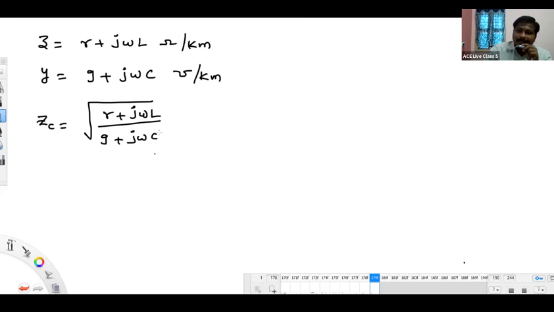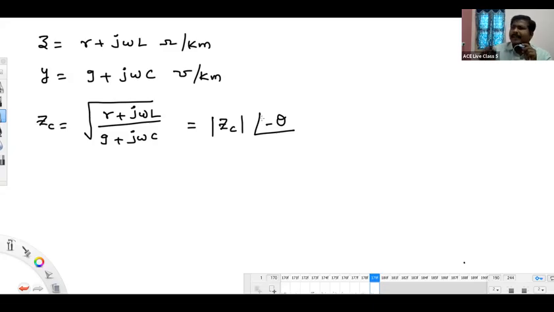After getting the ratio as a complex number, you apply the square root. After applying the square root, we get some magnitude mod ZC at an angle of minus theta. We are going to get a negative angle here. Why?